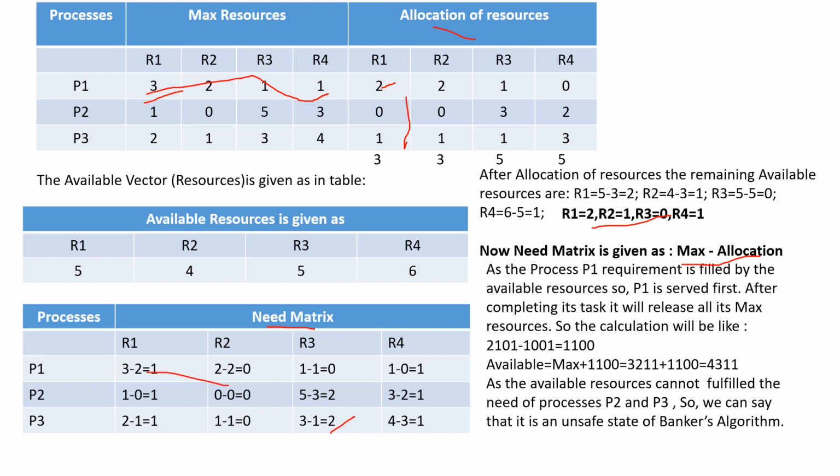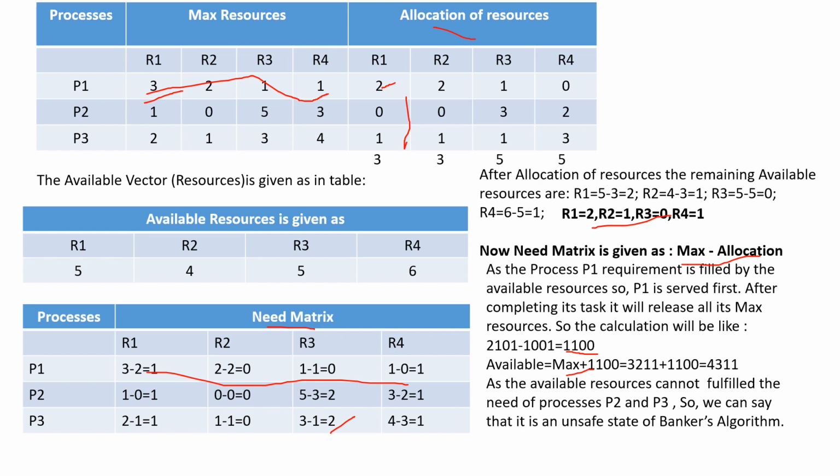Need is 1001. So after subtracting, we get 1100. This will be added to the maximum resources released by process P1. Then we get 4311, but this is an unsafe state.